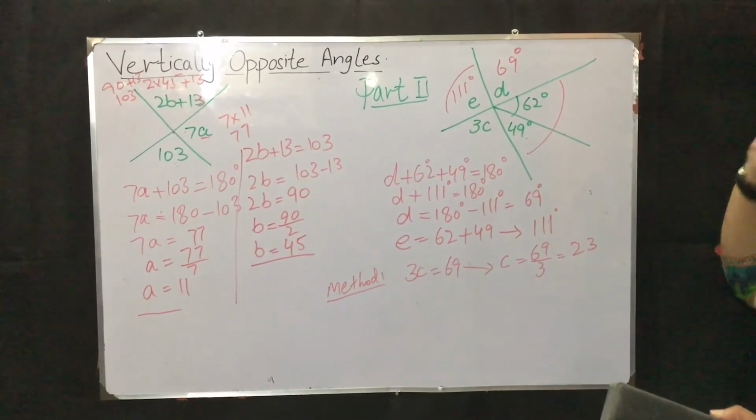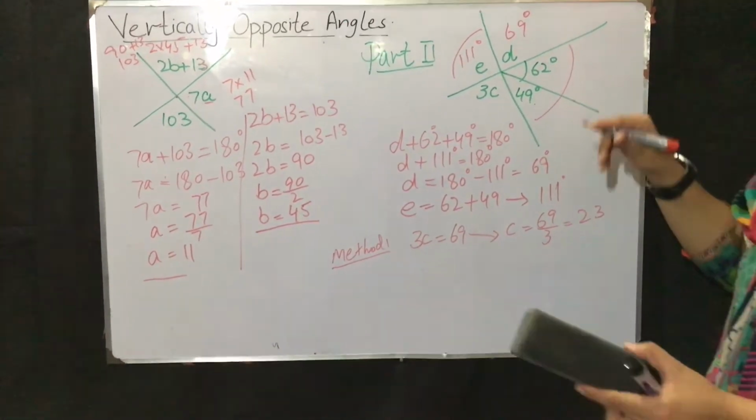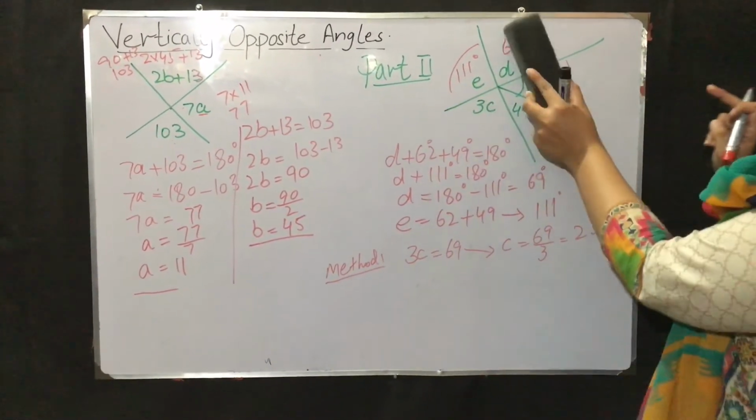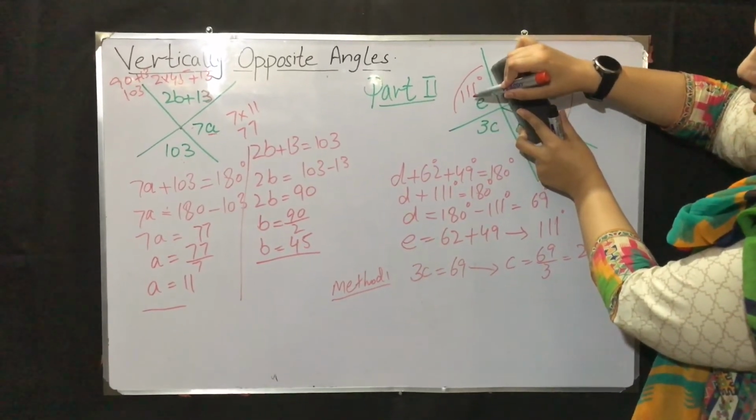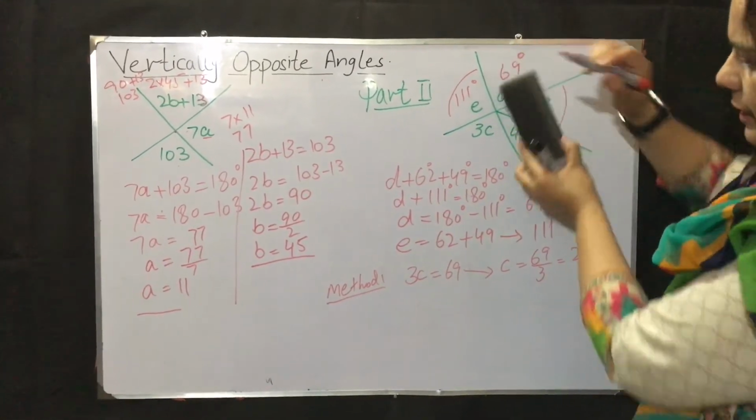If I want to use another method for this one, I know the value of E. Both are adjacent angles. The sum of these two angles is equal to 180 degree.